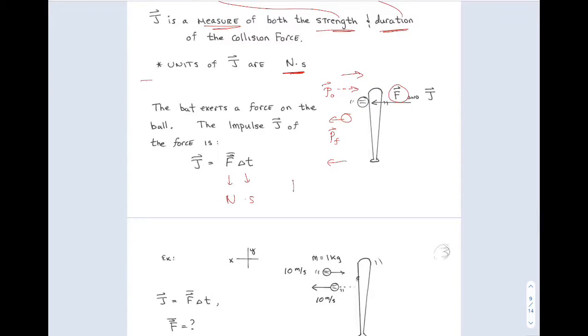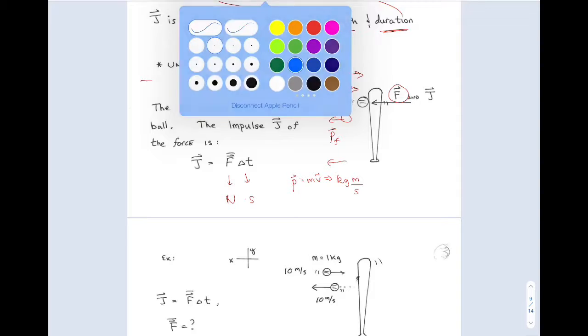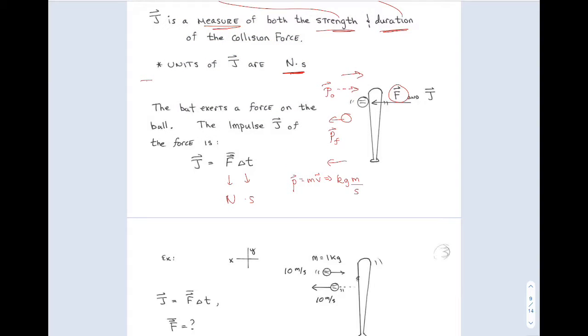Well, remember momentum is mass times velocity. If I look at those units, I have kilograms for mass, and speed is meters per second. If I put in another s here and there, I'm multiplying top and bottom by s, so multiplying by 1.